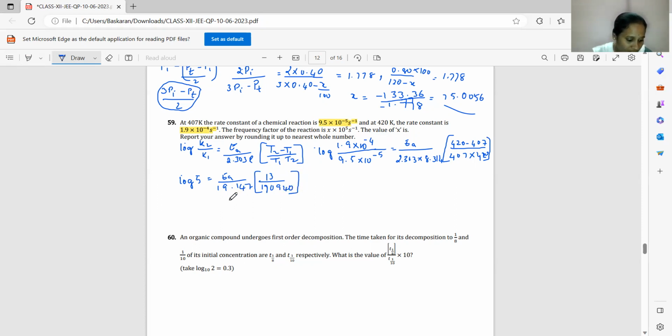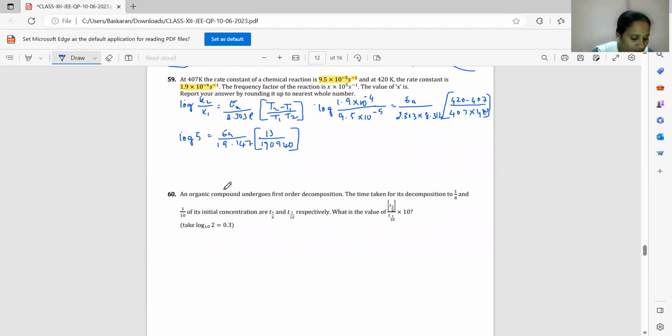So now on simplification, we know log 5 is equal to 0.69.